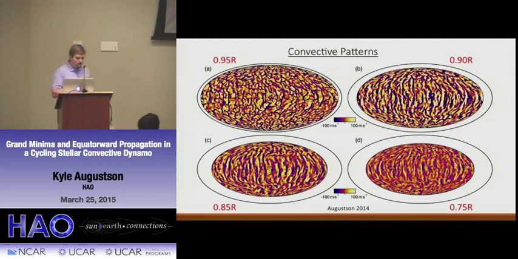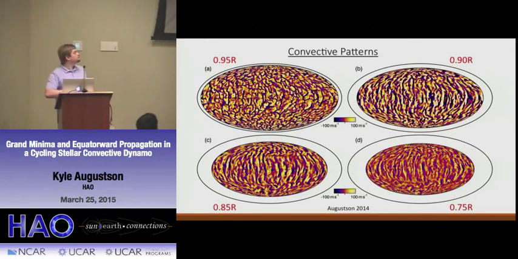Okay, so what does the convection look like in this simulation? Here we're looking near the surface where you have fairly small granules, as you'd expect as you get closer to an upper boundary. Upflows are in light tones, downflows are in dark tones. And you do see some alignment of features with the rotation axis. As you go down in depth, you have increasingly Taylor-like column structures, which are these elongated north-south structures.